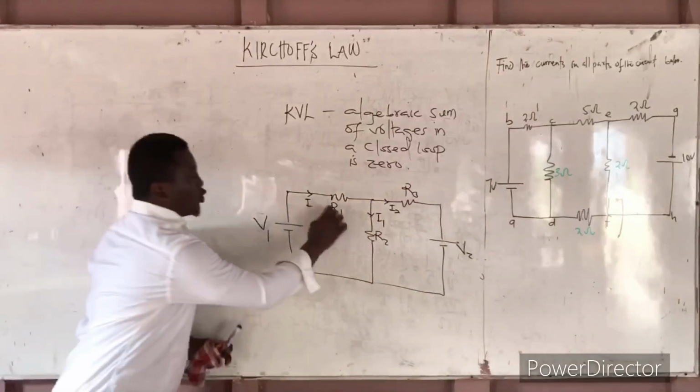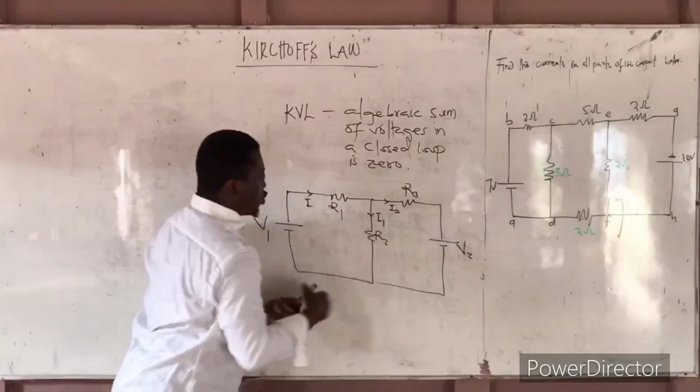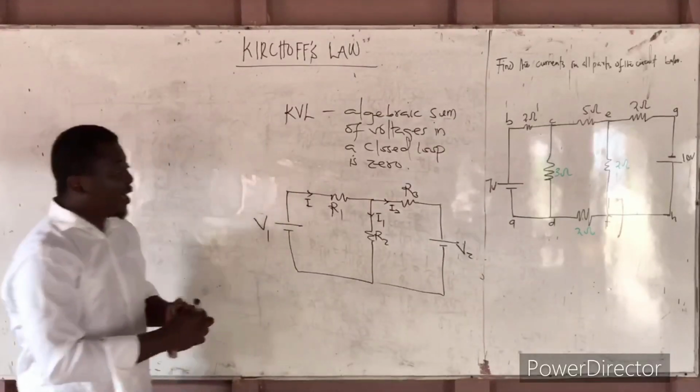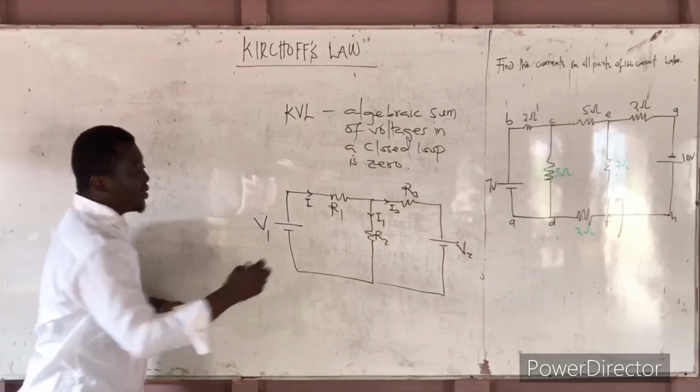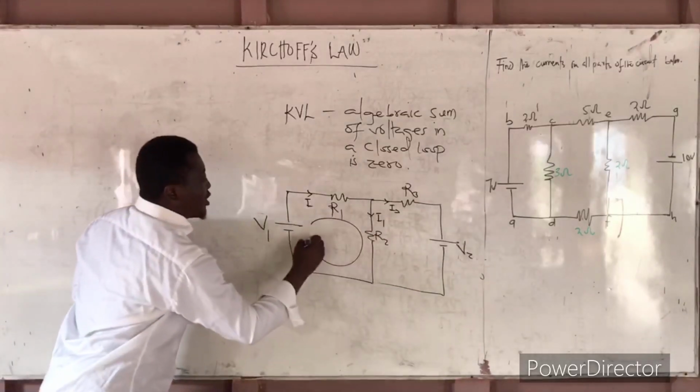This is a closed loop. This is another closed loop. So you pick 2 loops from this diagram, and from the 2 loops, we have this to be our first loop.